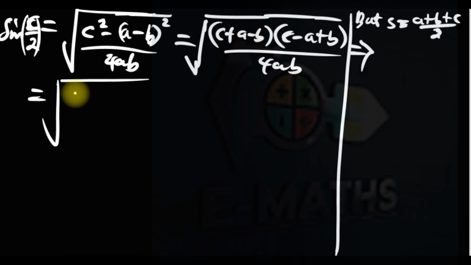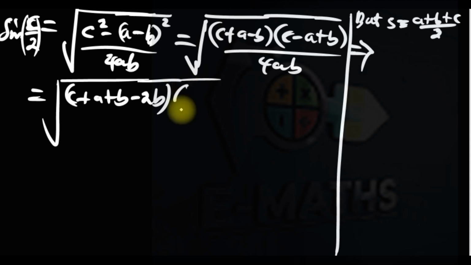If I write c plus a plus b, already I have minus b here, so I'll write minus 2b. Do you see it? If you add b minus 2b, is minus b. Again, I have minus a here, so I can write this as c plus b plus a minus 2a. Because a minus 2a is minus a.